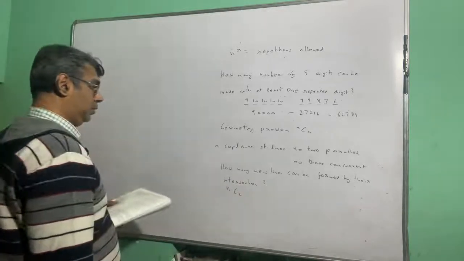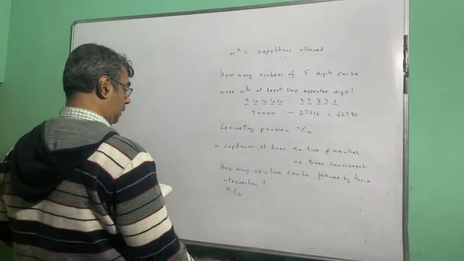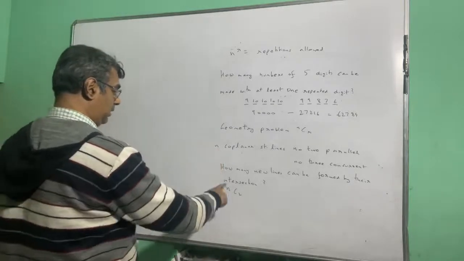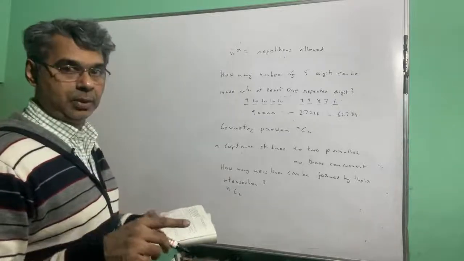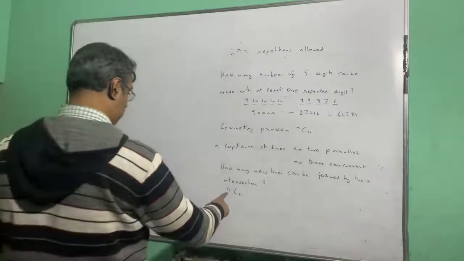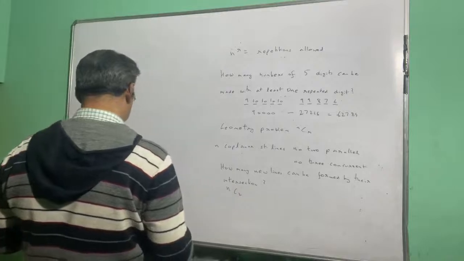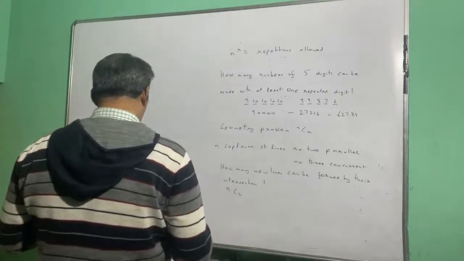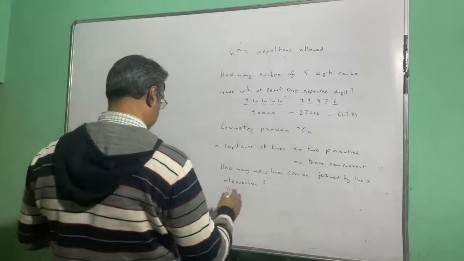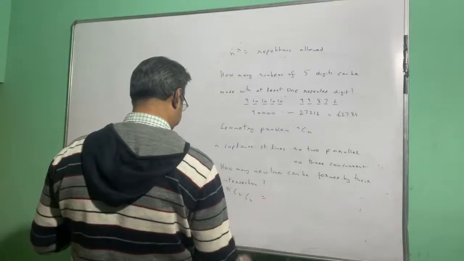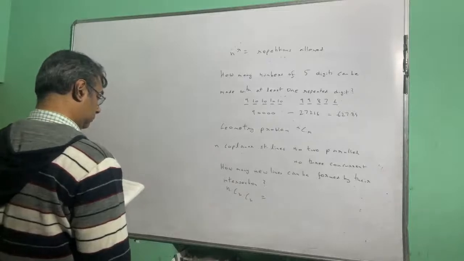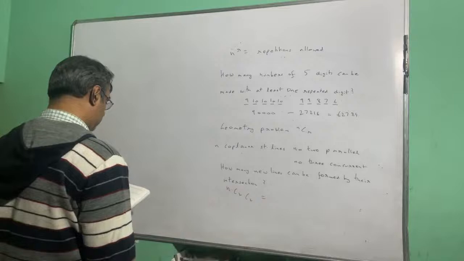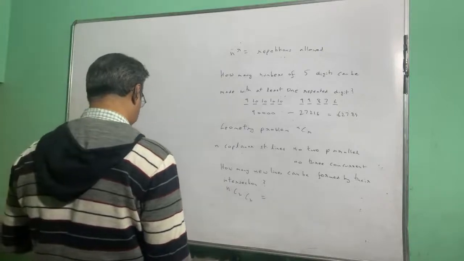So the first thing you have to understand is that to get a point you have to take two lines. There are n lines. To get an intersection point you have to take two lines, so if you do NC2, then you will get an intersection point. And then if you take any two intersection points, you will get a line out of that.